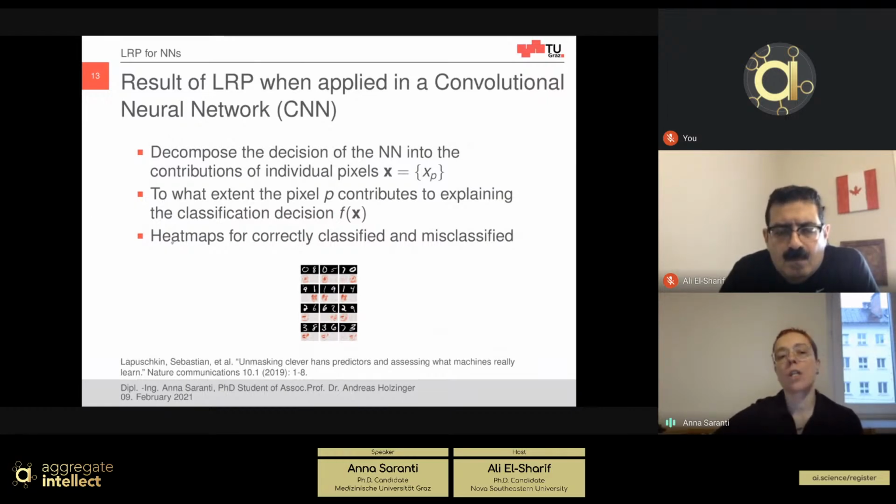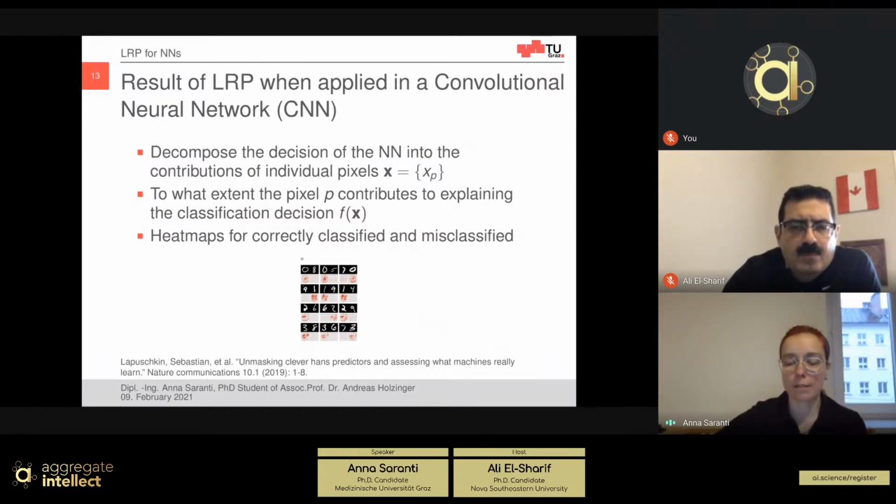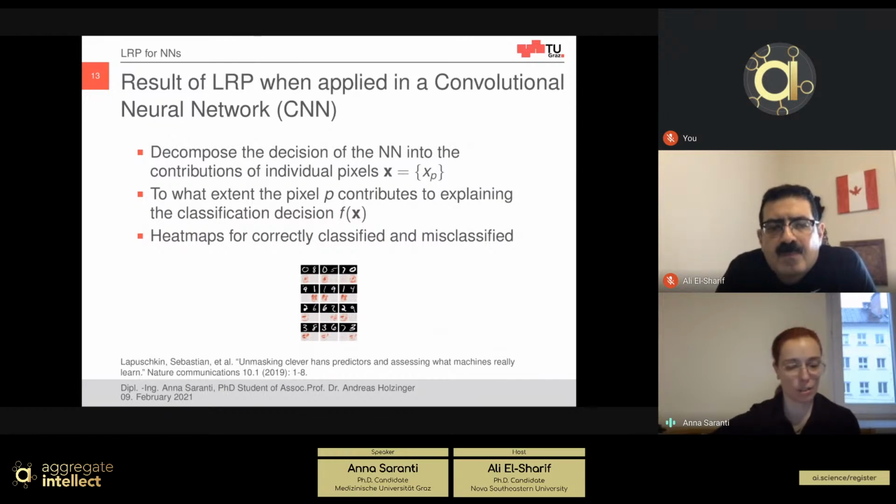One can also imagine that one would get heat maps for correctly classified and misclassified examples. I referred to that in the example with the LSTM some minutes ago, but let's see this with a particular example. Let's assume that we have a neural network that classifies the MNIST digits. We have a 10-digit classification from 0 to 9. They're all handwritten.